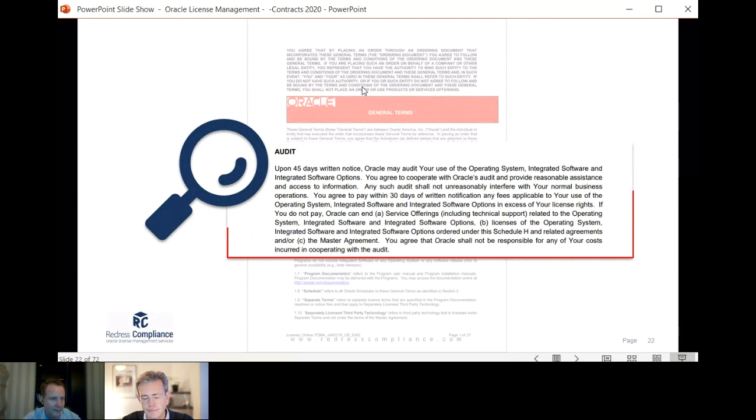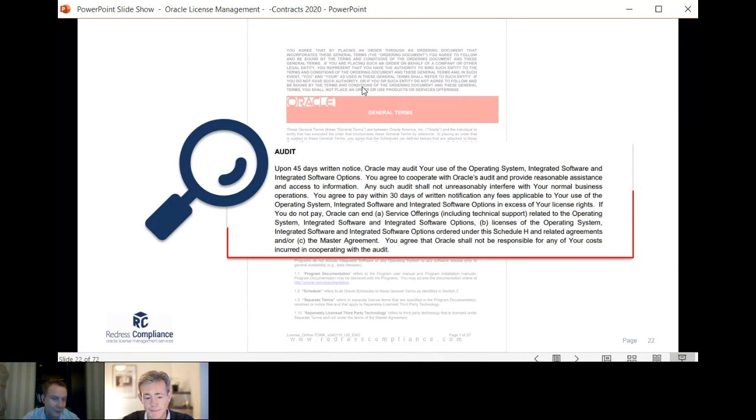So this means Oracle needs to give you a 45-day written notice before they can audit you. And if you're savvy in negotiating your OMA, you can maybe ask for 90 days here. Why would you want to have more days? Well, maybe if you're audited, you want to review your licensing before the audit starts.